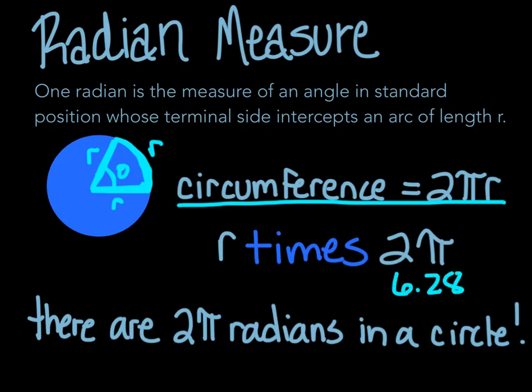We could fit this in our circle 6.28 times: 1, 2, 3, 4, 5, 6, and there's 0.28. Trust me, you'll learn a lot more about it next year in pre-cal, but we just wanted to introduce it to you. I think you might have already seen this before, but just in case you haven't, that's what a radian is. So there are 2 pi radians in a circle.